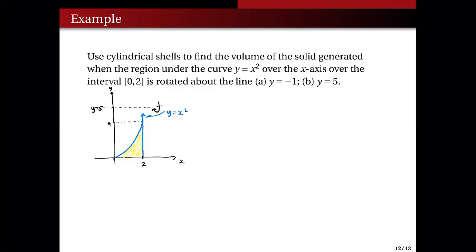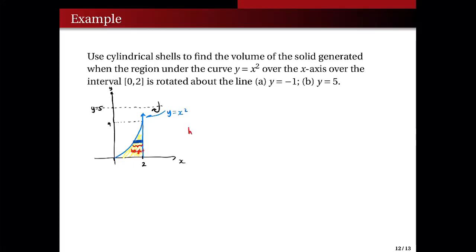Horizontal axis, so we still use horizontal strips. So this is the horizontal strip. If we do the washers or the shells, well, it's quite big, so maybe you can draw the shells on your own. But anyway, this will be the height.